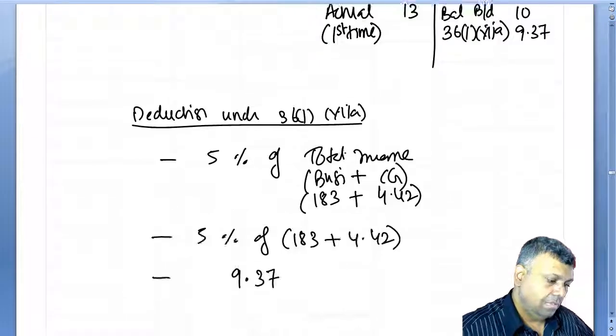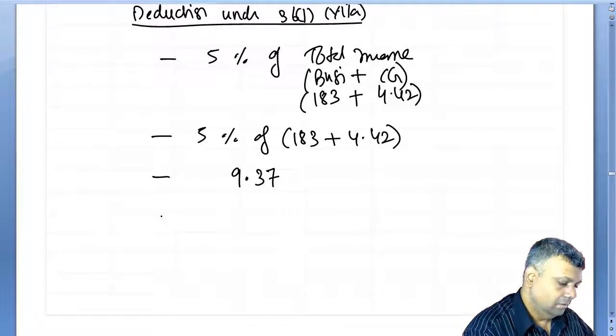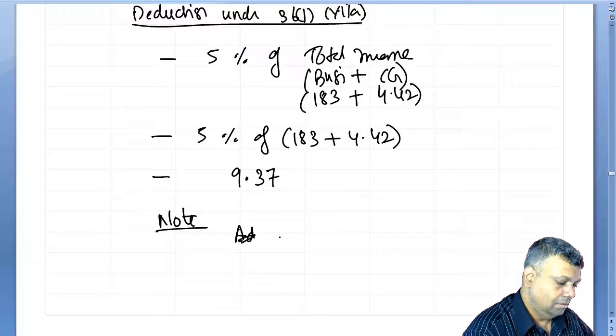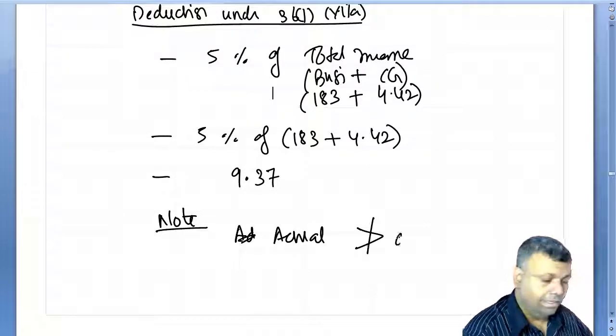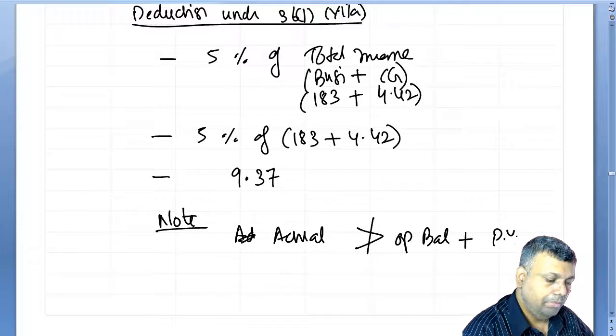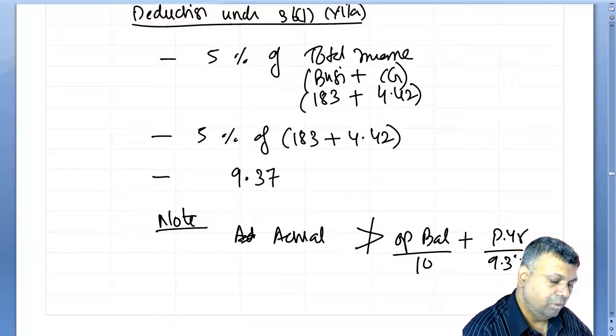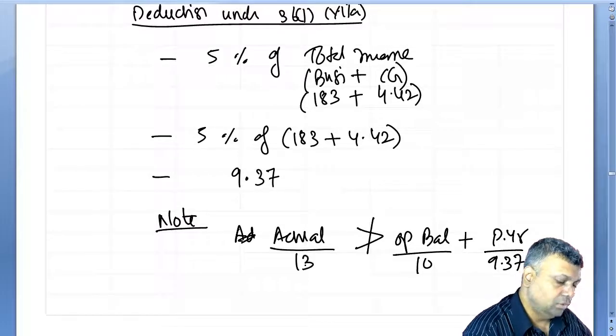So now your actual figure is not more than the opening balance of the reserve plus the previous year of the reserve. Opening balance is 10, previous year is 9.37, your actual is only 13.